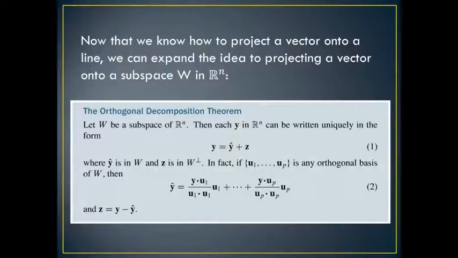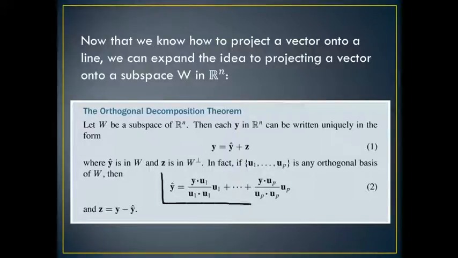But now we have to add on y dot u2 over u2 dot u2 times the vector u2 all the way out to the subscript p. And z is still equal to y minus y hat.